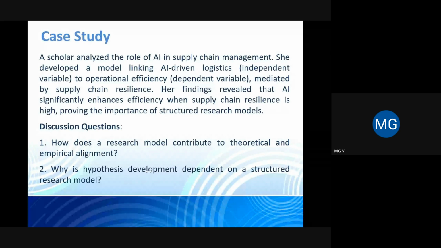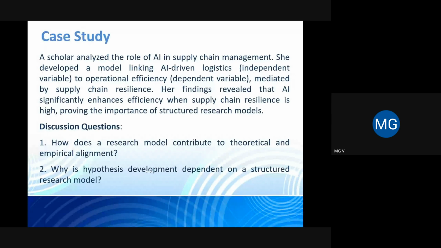Why is hypothesis development dependent on a structured research model?